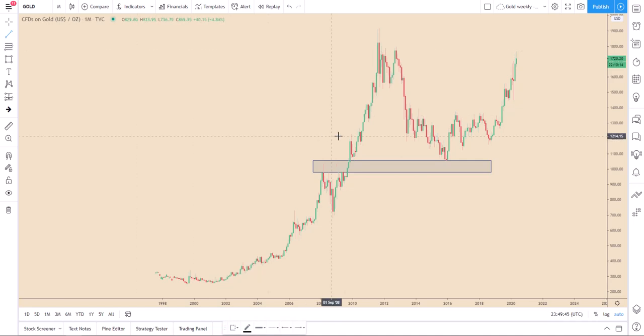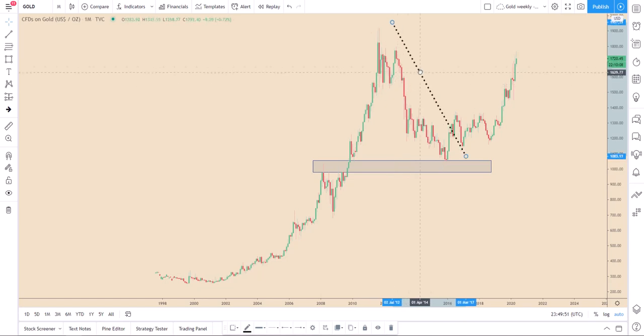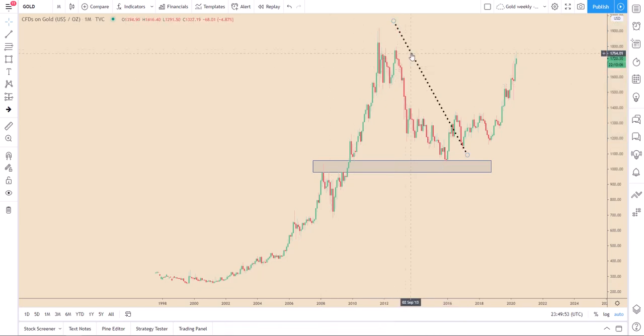And then as a follow-up, the second thing that catches my eye is this movement. That's a dramatic price movement from there. And of course, this is 2011, the peak of the bull market in precious metals.